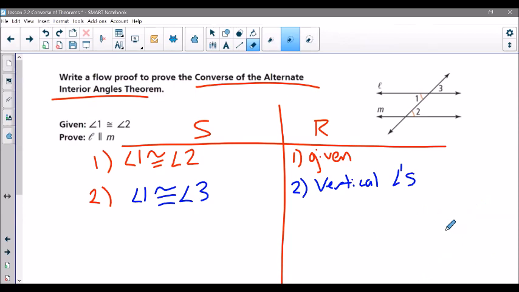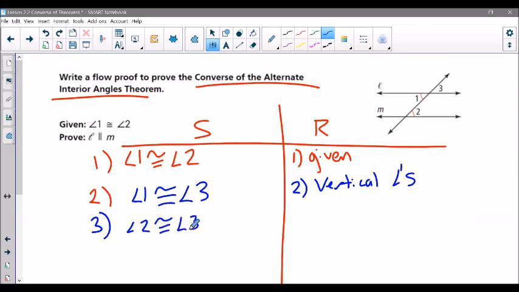All right. So now what we can say is angle 2 is congruent to angle 3. That was our transitive property, right? We said 2 and 1 are equal, 1 and 3 are equal. Therefore, 2 and 3 must be equal. All right, so that was our transitive property.